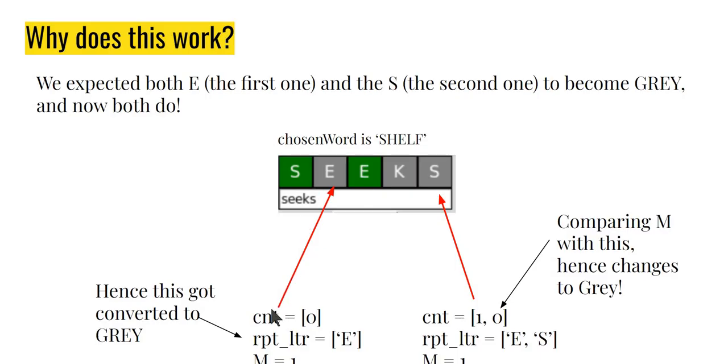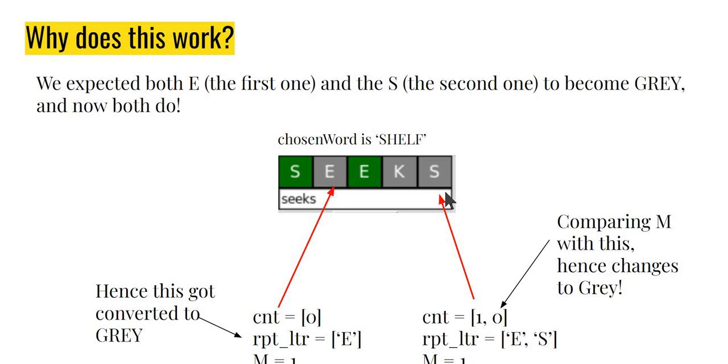Well, basically, when I first encountered an E, the list repeat letter was empty, and hence I appended E to this list. So the list became E, but my count became 0. At the end of this operation, I'm comparing 1 to 0 here, so this became gray.